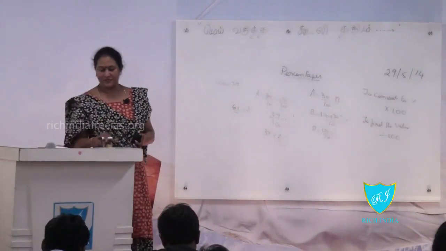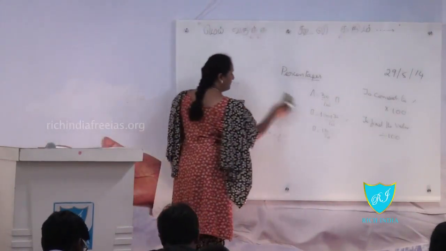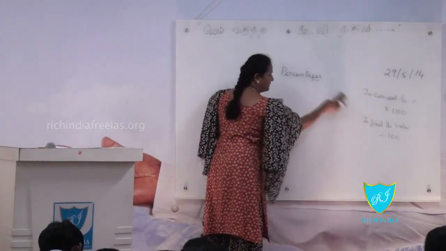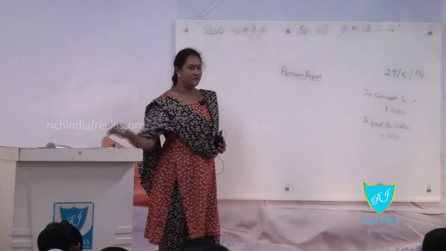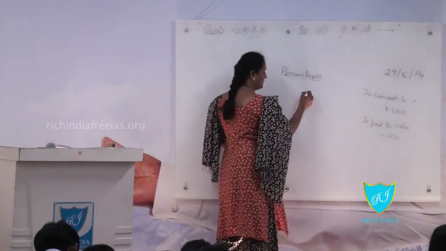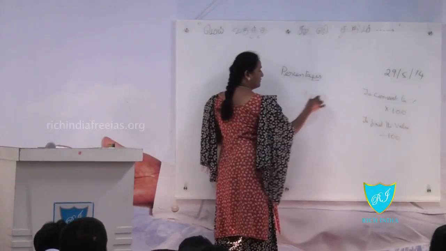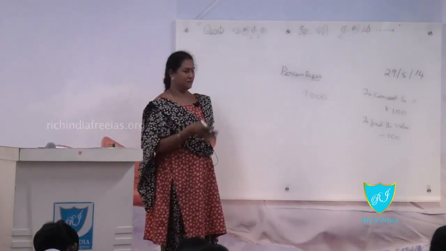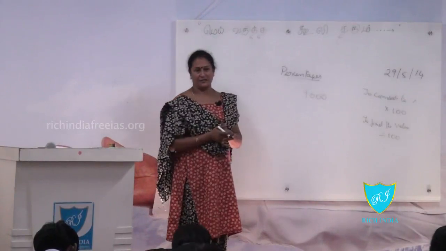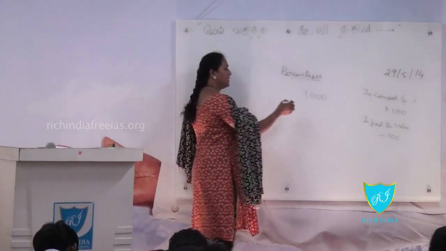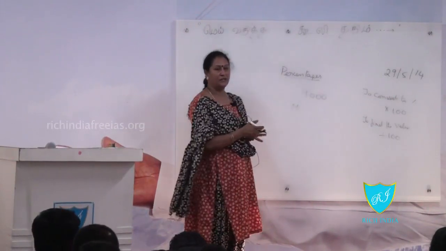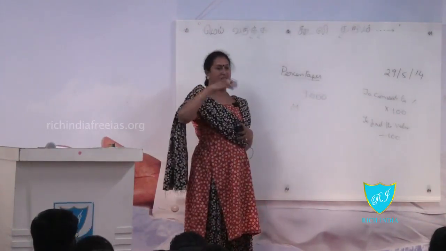And for the fourth question, what is the total population? 9,000. So 9,000 is the total population. After 1 year, what is the increase in male population? 8%. Here I will take number of male as m, then female will be 9,000 minus m.